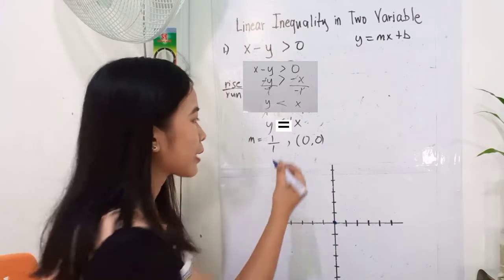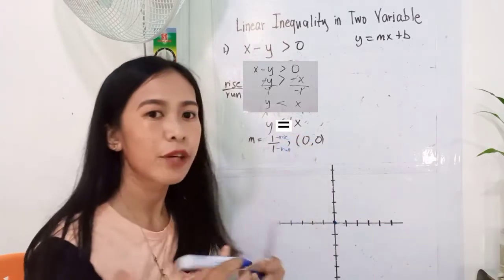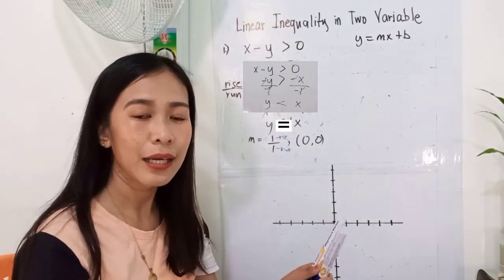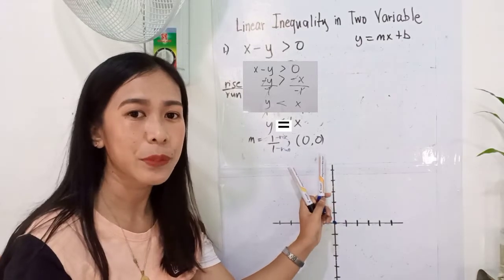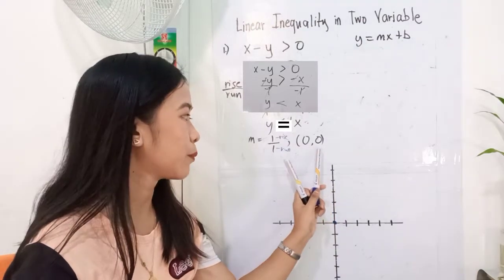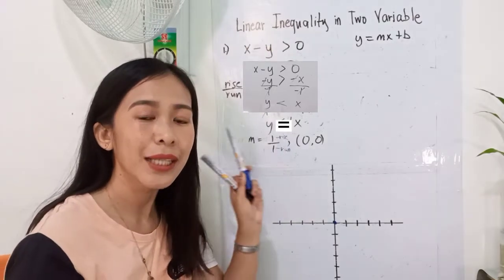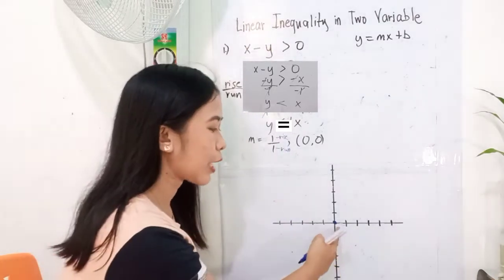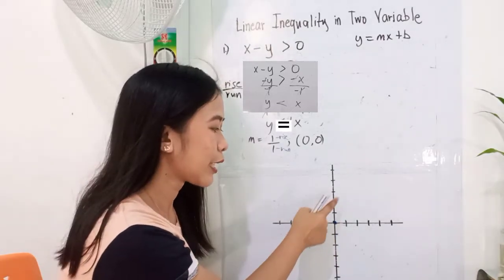Ayan. Dahil ang ating rise dito ay itong numerator and ito yung run. When we say rise, pataas or pababa, mula sa center or from the y-intercept, or ordered pair. So, dahil ang rise niya ay 1 and 1 is positive, therefore, pataas tayo. From dito sa center, akyat ka ng isa.